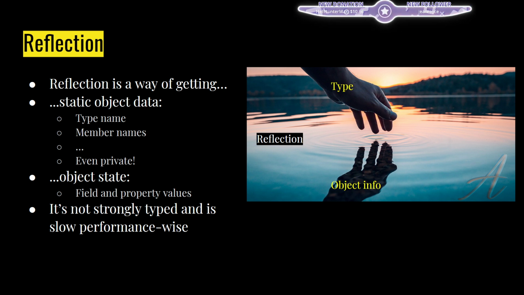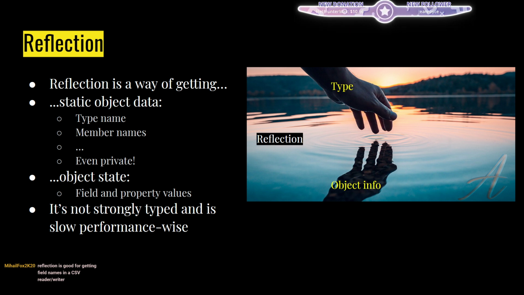Using reflection, you can get all the information about a type, like a class name, all the properties, all the methods. You can even get private fields or private methods. So if you really want to call private methods, there is a workaround. Use reflection, though I don't recommend that.